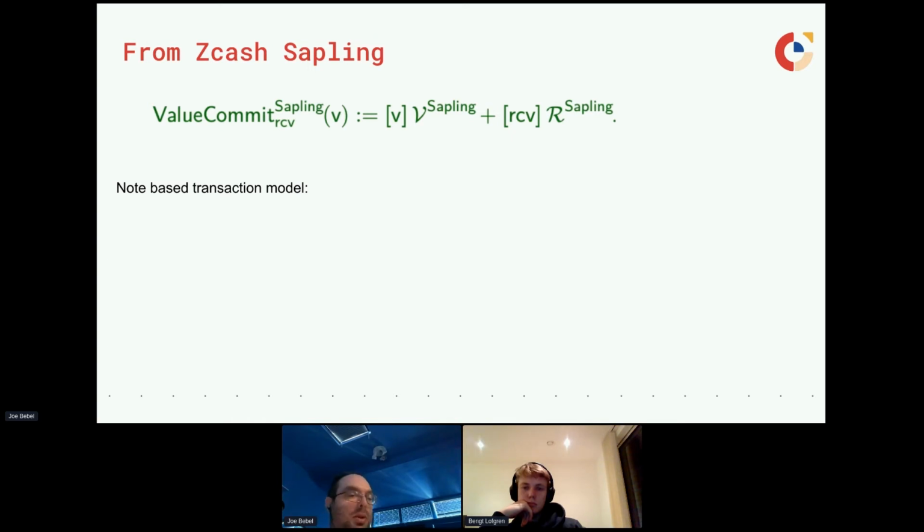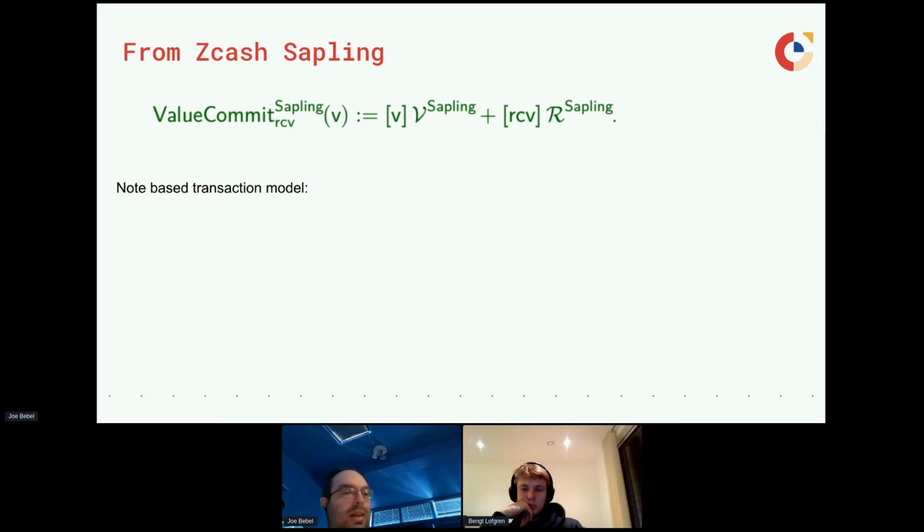And then we compute this value on the Jub-Jub elliptic curve, where we do a scalar multiplication of the value times the elliptic curve point capital V, and a scalar multiplication of our randomness RCV times the R point on the elliptic curve. By adding them together, we get another point on the elliptic curve that we call the value commitment of v.